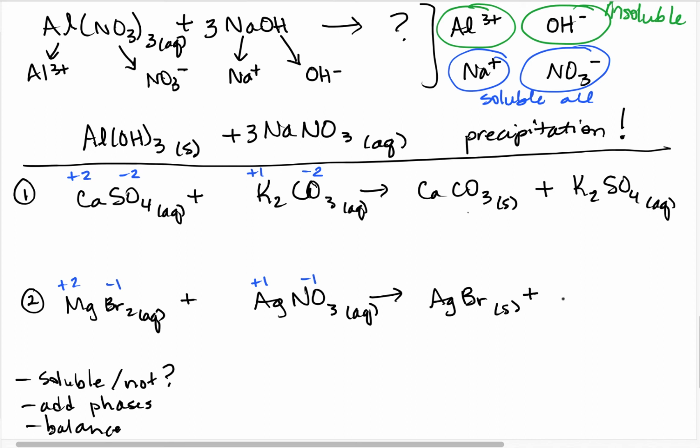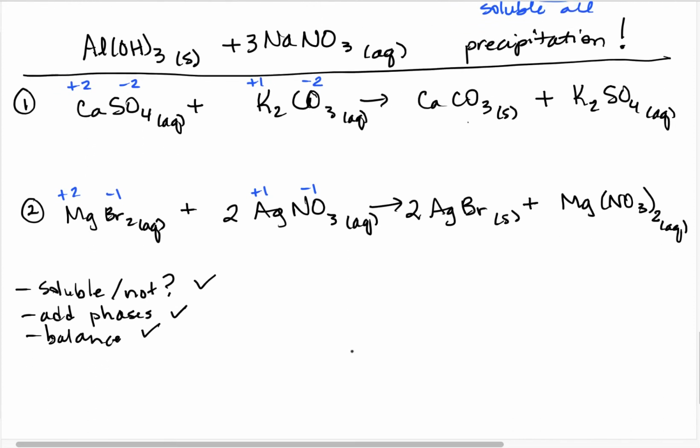And then magnesium and nitrate are just going to hang out in solution. And I can see that I've got 2 bromides here, so I'm going to need 2 here, and that means I'm going to need 2 here, and now it's balanced. And this should be aqueous.